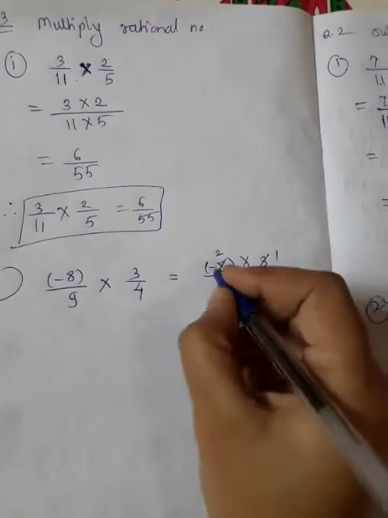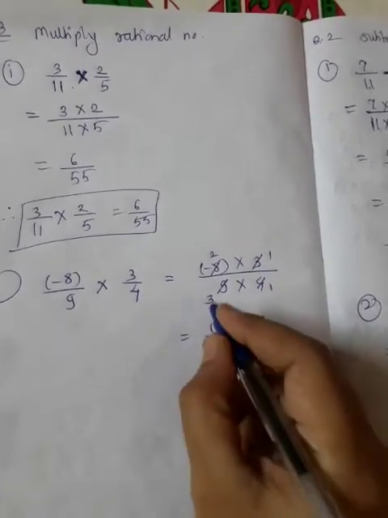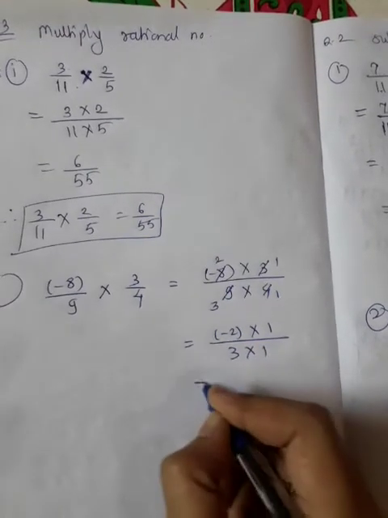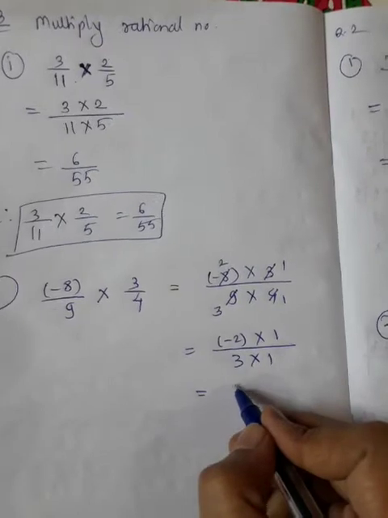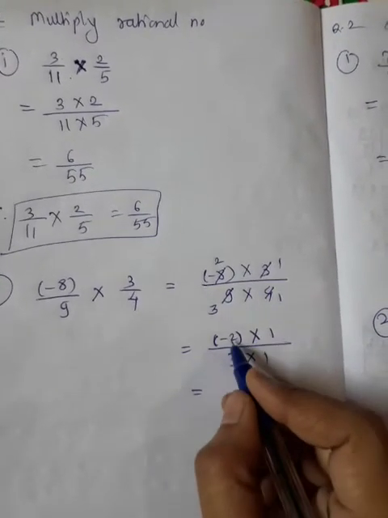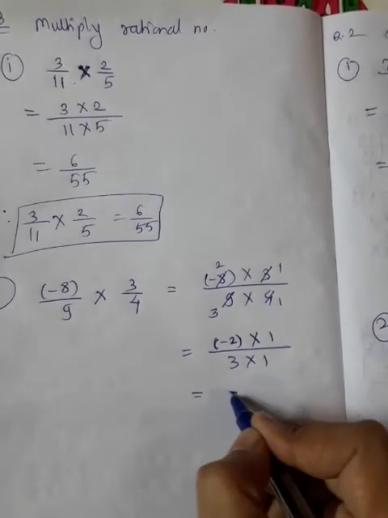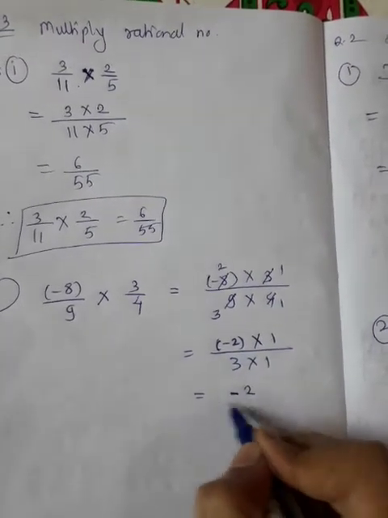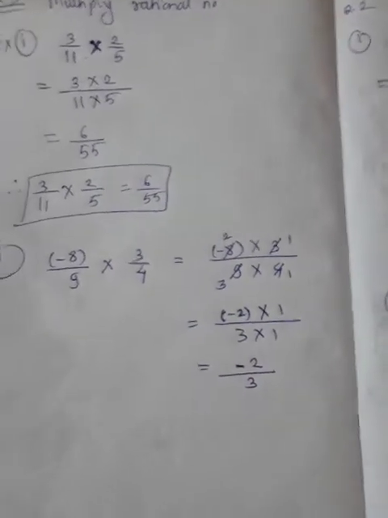So what remains here? Minus 2 multiplied by 1 upon 3 multiplied by 1. If possible, then simplify. So minus 2 into 1, we know in multiplication, when integers have different signs, here minus and here plus, minus plus gives you minus. 2 into 1 is 2, upon 3 into 1 is 3. So our answer is minus 2 by 3.